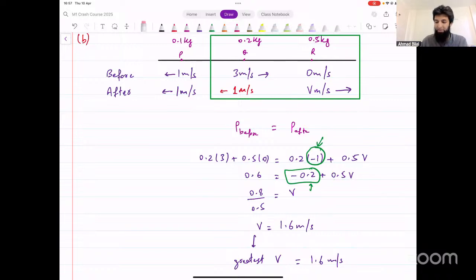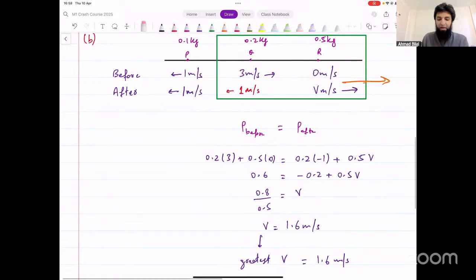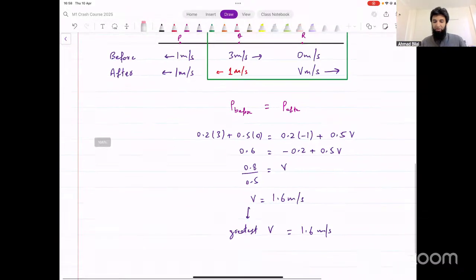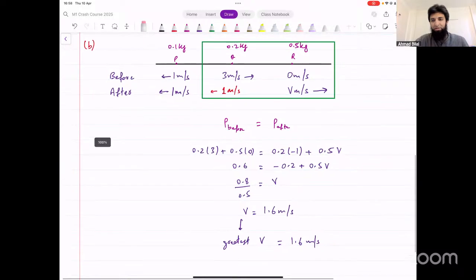So since momentum after collision is fixed at 0.6, if we increase the velocity of R towards the right side to balance that, the velocity of Q towards the left side would have to be bigger as well, and there would end up being a collision. Since the maximum velocity of Q towards the left side can only be 1, that gives us the maximum velocity of V towards the right side, and that velocity is 1.6. That's what we were looking for. That's the greatest possible value of V that we get, 1.6 meters per second.